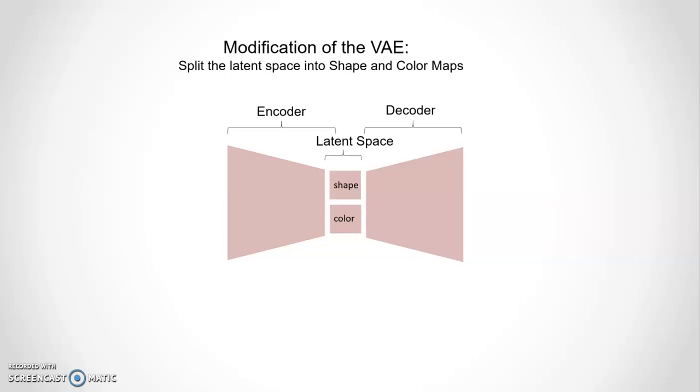One modification that we made to the VAE was splitting the latent space into shape and color maps using separate objective functions. We used the MNIST dataset that had 70,000 handwritten digits and Fashion MNIST consisting of 70,000 articles of clothing. We colored them with 10 prototype colors with some minor variations.